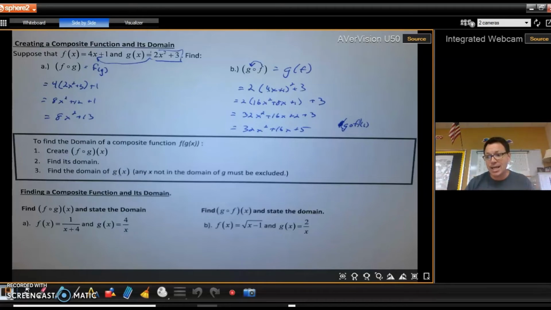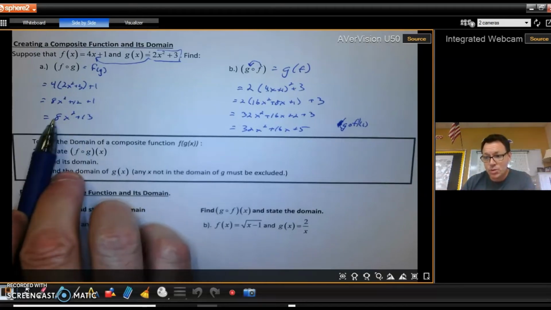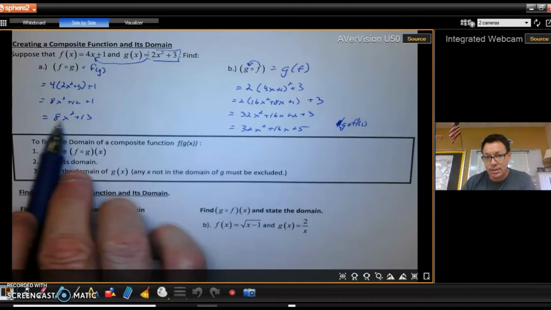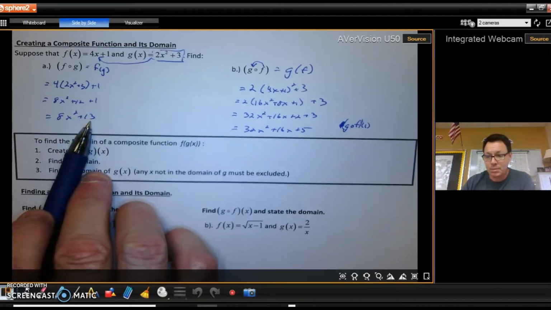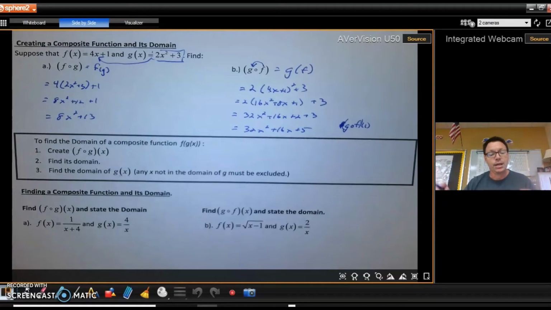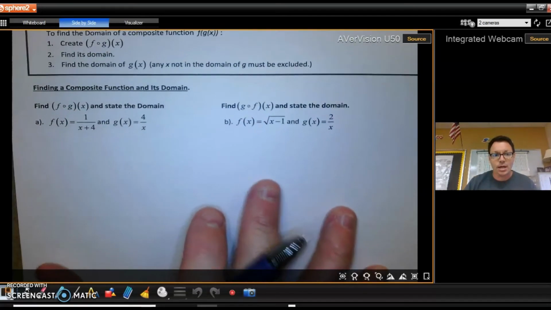And again, it may not be obvious when you look at your final answer. When you look at your composition, it may be like, oh, it's all real numbers, we're fine. But if you go back and look at g, you may be like, ooh, wait a minute. If I plug this number into this, it's going to blow up function g before I ever get a chance to put it into function f. So that's the thing we're going to look at when it comes to finding the domain of a composition.